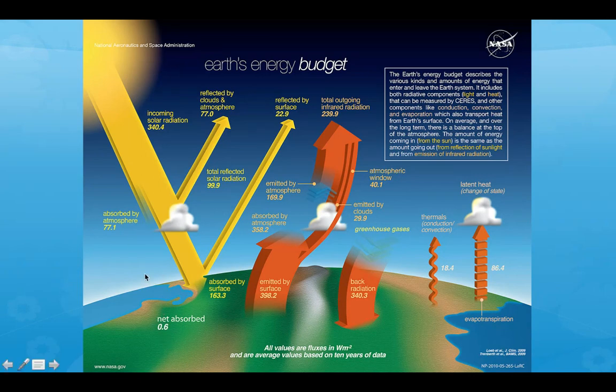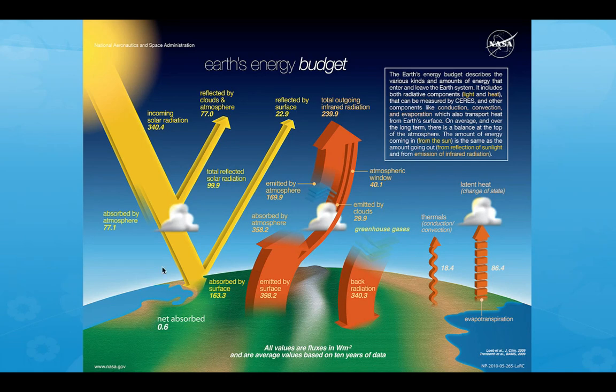That's incoming solar radiation, there's 340.4 watts per meter squared, and 77 watts per meter squared is reflected back by the clouds in the atmosphere. And then 22.9 is reflected by the surface. 163.3 watts is absorbed by the surface. It goes into the earth.